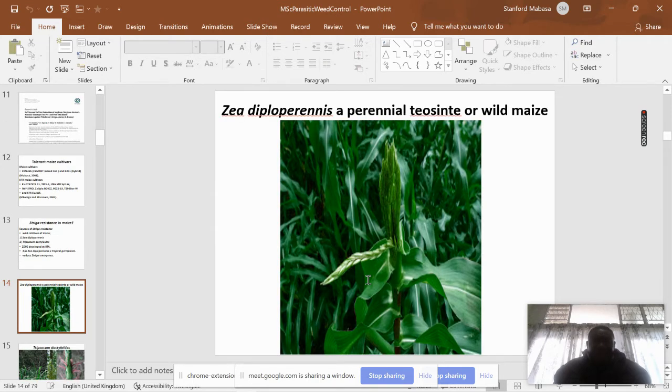This then is Zea diploperennis, a perennial teosinte or wild maize. Well, it doesn't give us cobs as such, since it is a wild maize, but it has the sources of Striga resistance.